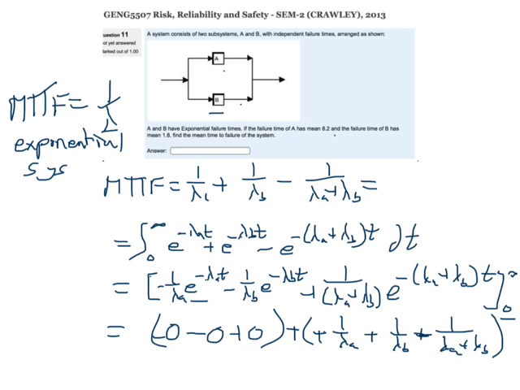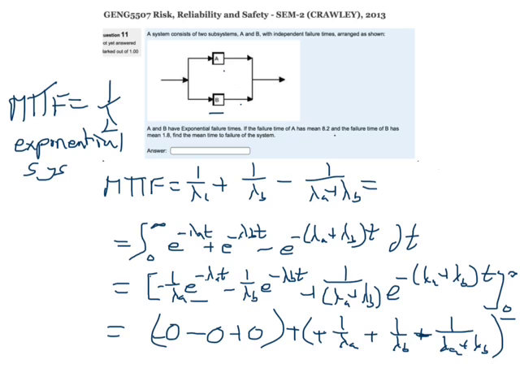So this is going to be equal to 8.2 plus 1.8 minus 1 over 1 on 8.2 plus 1 on 1.8. That's really ugly. Let's see if I can write that a bit neater.